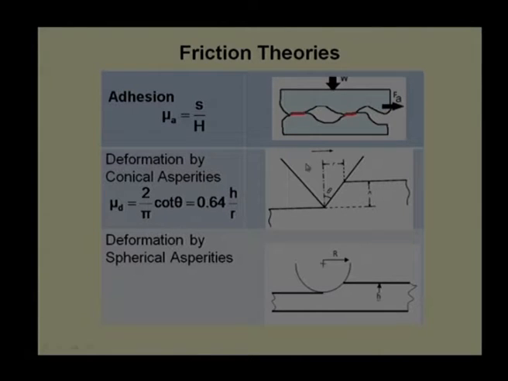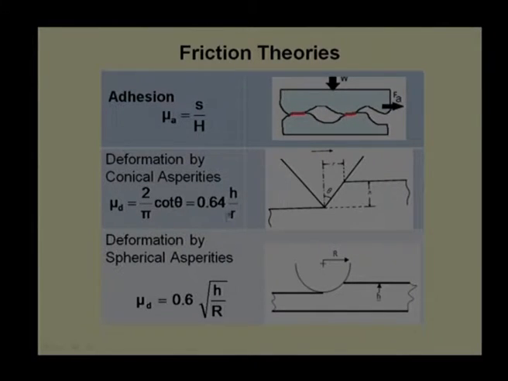This is more or less the same relation which we developed for spherical asperities. You see, mu d for spherical asperity was 0.6 square root of h by r, where r is the radius of the spherical asperity. So there is a lot of symmetry between the second relation and third relation.